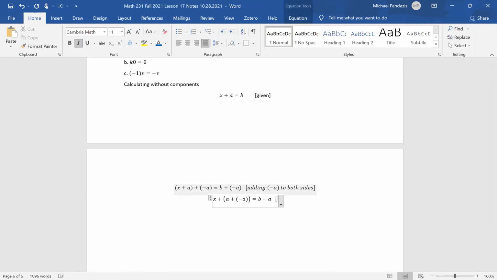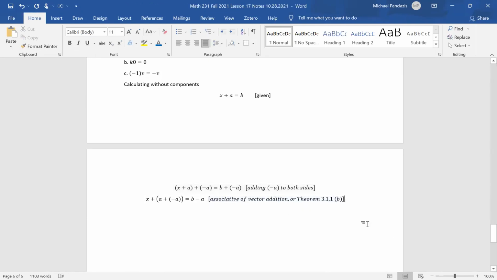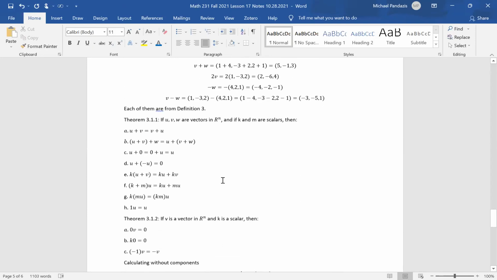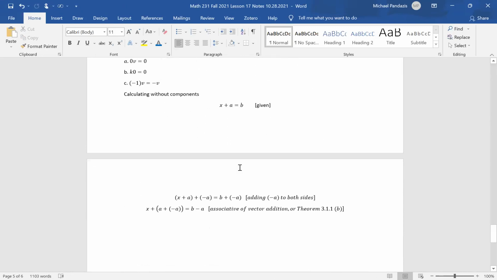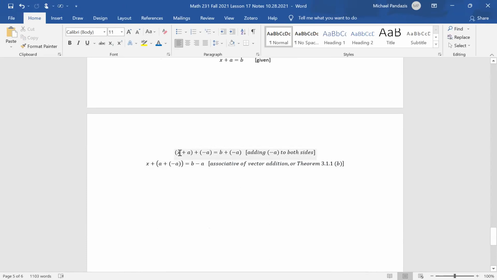And so this is because of associativity of vector addition, or theorem 3.1.1, part B. Theorem 3.1.1 part B is associativity. It's saying (u plus v) plus w equals u plus (v plus w). You can change the grouping of the addition. So here we change the grouping: instead of (x plus a) plus negative a, it's x plus (a plus negative a).